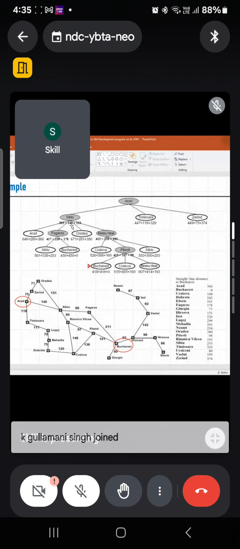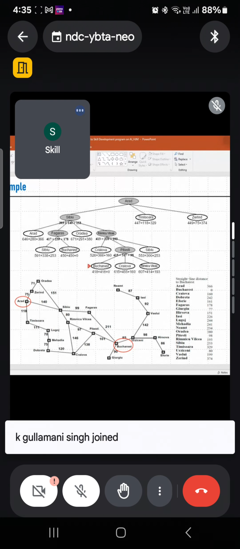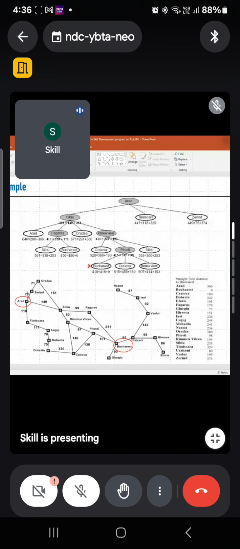So this previous value of 140 will be used, and again this value will be combined with this value, so we'll get 280 together. So we'll write 280 here, and then we'll directly write the Hn value of Arad, 366, and we will combine all these values to get the 646 Fn value.